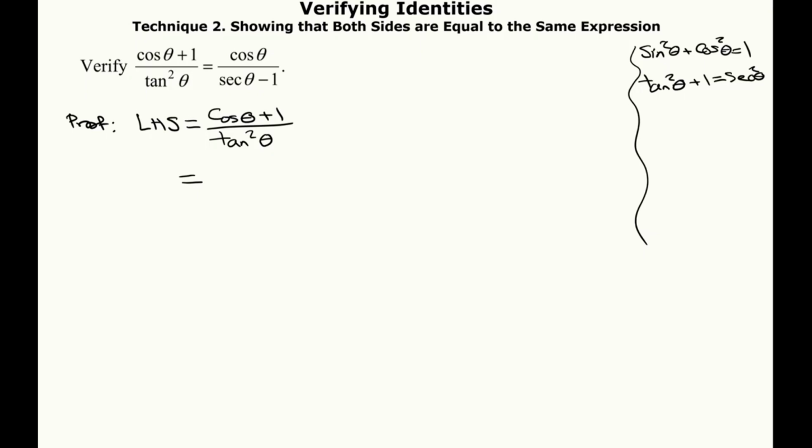So if I solve this for tan squared, I get tan squared theta equals secant squared theta minus 1. So I'm going to go ahead and replace tangent squared theta with secant squared theta minus 1.